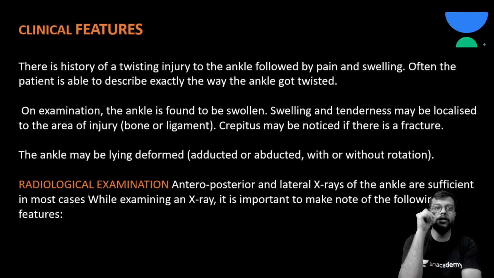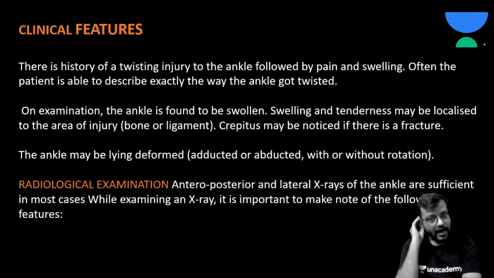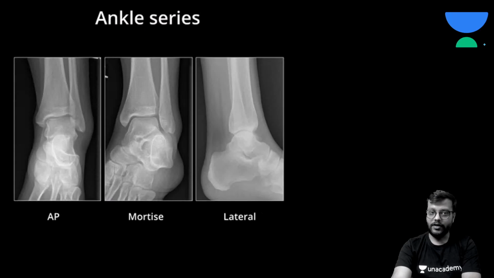Okay. Now the clinical features, वही same clinical features होंगे. History of twisting or bending force or slip and fall correlating with the clinical features, and then correlating all of this with the X-ray and the CT findings. Okay, very easy.